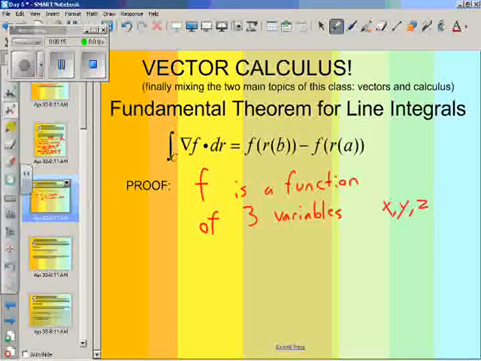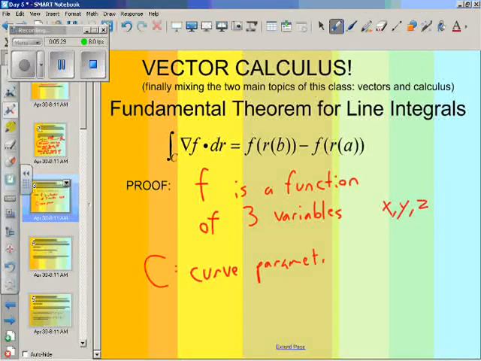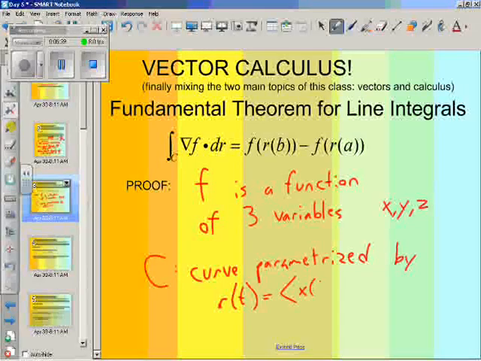Then let's pick our parameterization. We'll say that C is the curve parameterized by some vector function r of t equals x of t, y of t, and z of t.